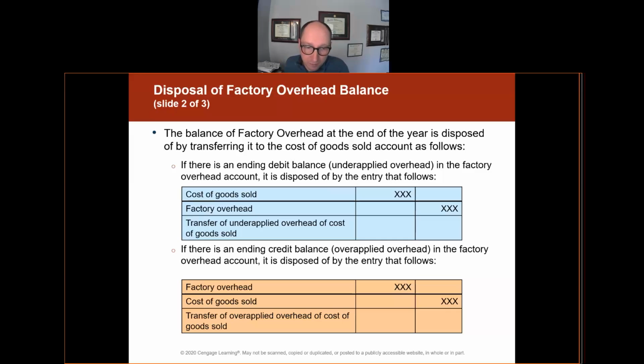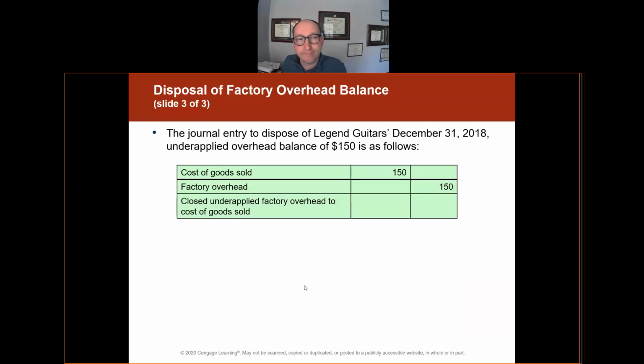And that'll fix it for when we over apply. So when we under apply, debit cost of goods sold, credit factory overhead. When we over apply, debit factory overhead, credit cost of goods sold. It's the exact opposite, right? In our example, it looks like our company under applied by $150, so we debit cost of goods sold and credit factory overhead.